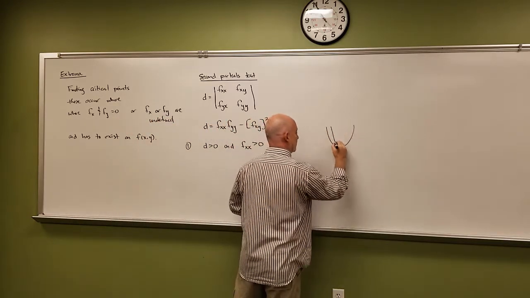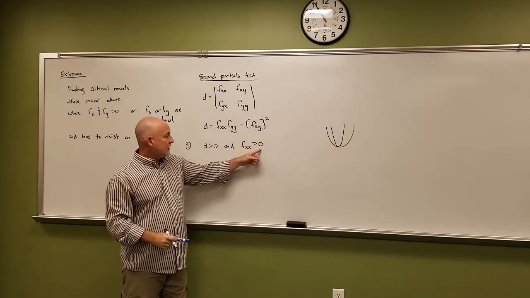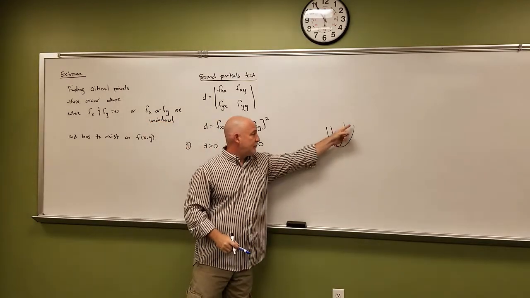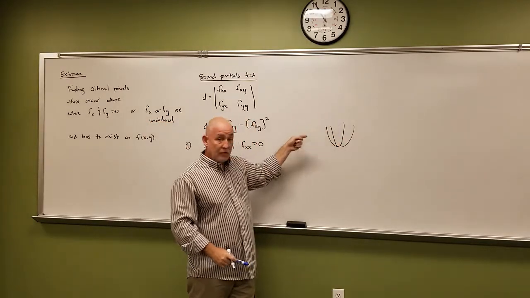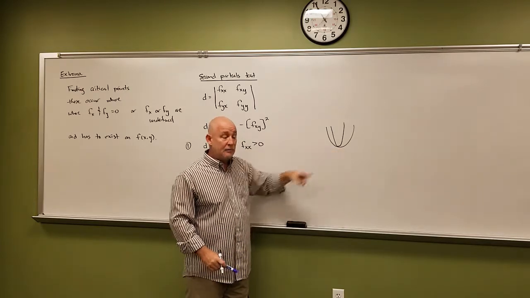Concave up and concave up, right? If that's greater than 0, it means concave up. That means it's concave up in the x direction and concave up in the y direction, which means whatever point we're looking at would have to be a minimum.